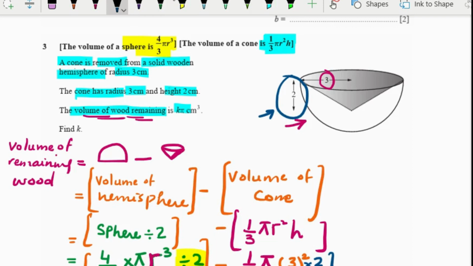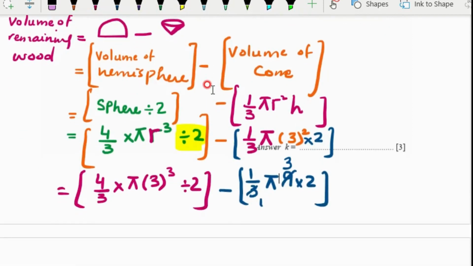Now we will solve it. 1/3 pi 9 into 2. We can even cancel it. And 4/3, 3 cube is 27, so 27 pi divided by 2.